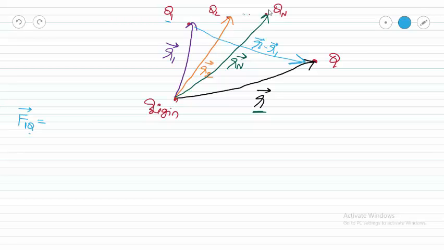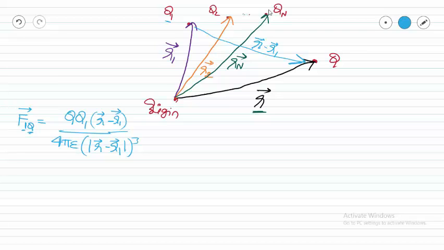As per our definition, it is q into q1 divided by 4 pi epsilon, and the distance vector is r bar minus r1 bar, so (r bar minus r1 bar) divided by magnitude of r bar minus r1 bar whole cube.